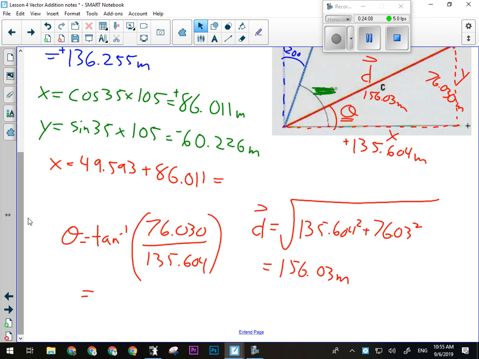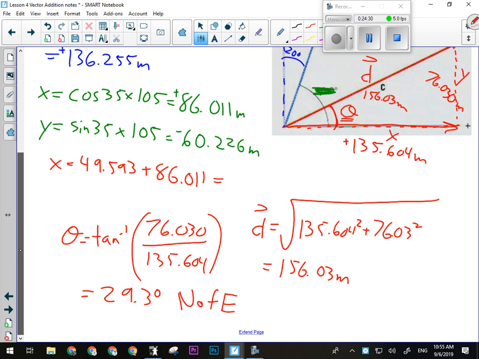So we're getting 29.3 degrees. Which direction is that 29.3 degrees? North of east. How did I determine that? The angle arc is touching east and going north, so it's north of east.